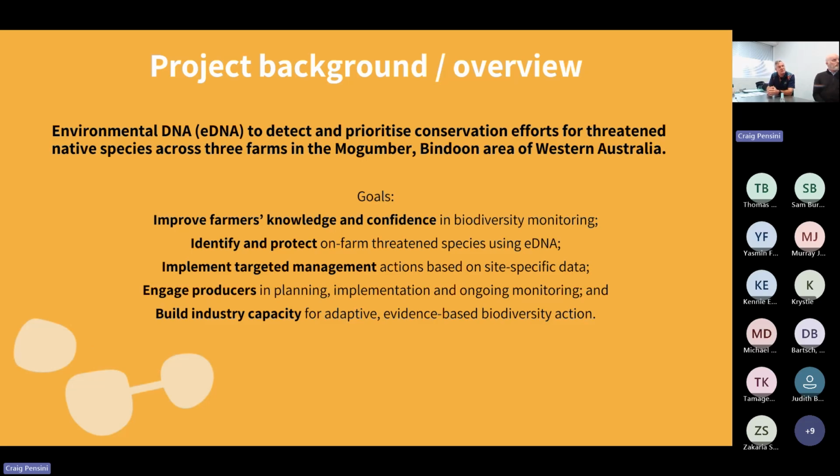And hence a bit of why we're doing this webinar today is to make people more aware within the broader industry about how you might want to adopt what the evidence-based actions you can get out of eDNA sampling.